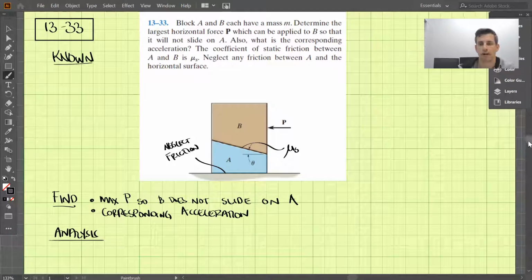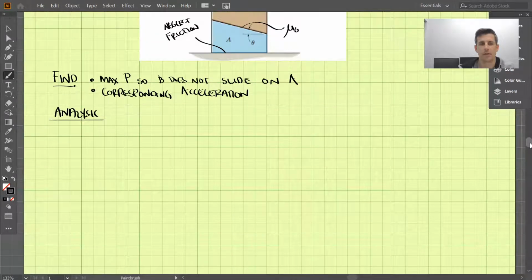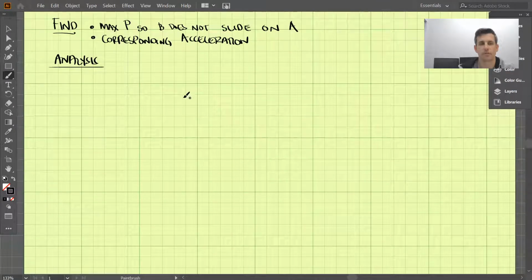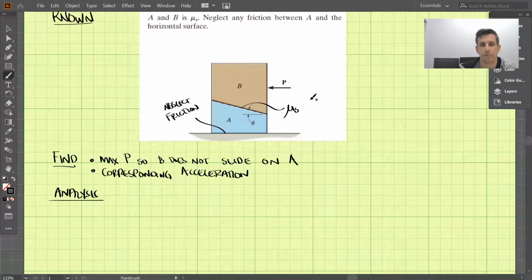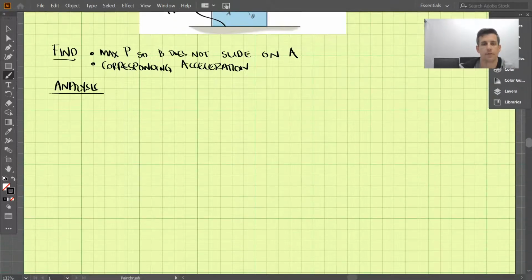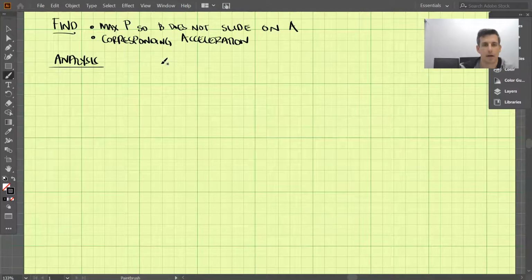So let's begin our analysis. And to begin our analysis, I'm just going to draw a free body diagram of that top block here, this block B. So let's draw that block B here.